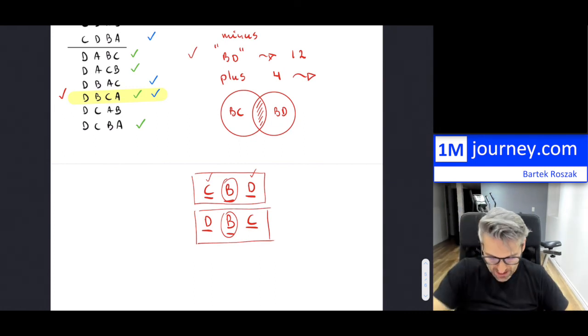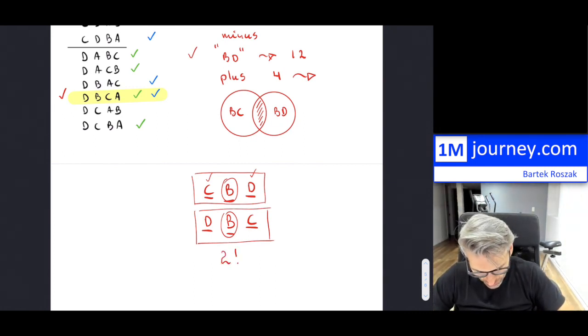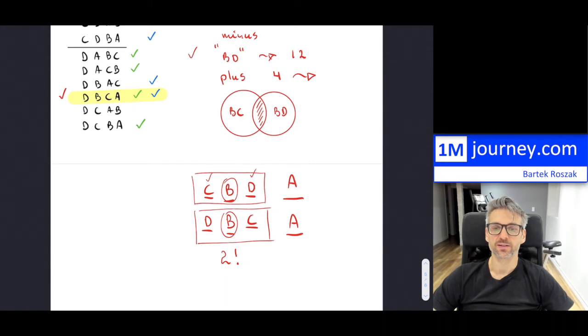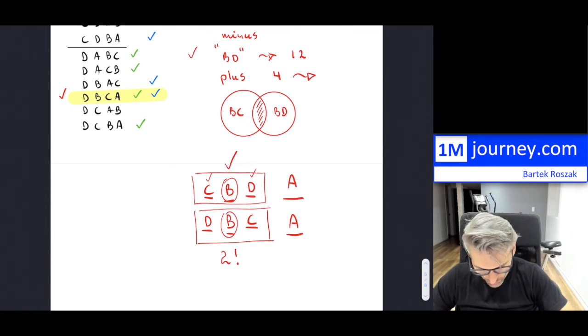So when that B is in the middle, this happens 2 factorial ways, right? And then you still have that A, which can be either in the back or in the front. So there's two units, the 1 and the A. So that is 2 factorial ways. So this is going to be times 2 factorial, or 2 times 2, which is just 4.